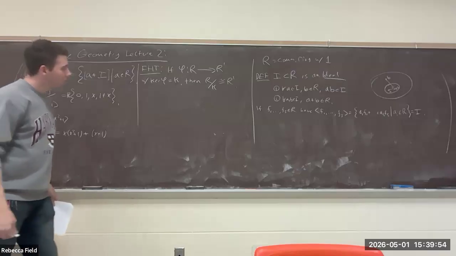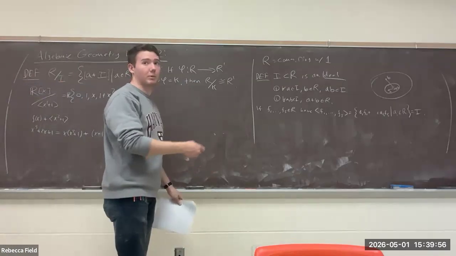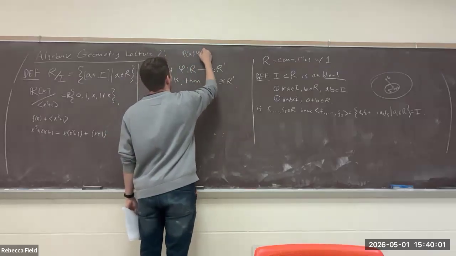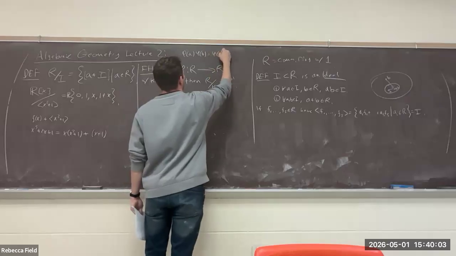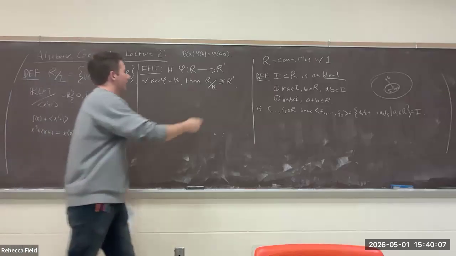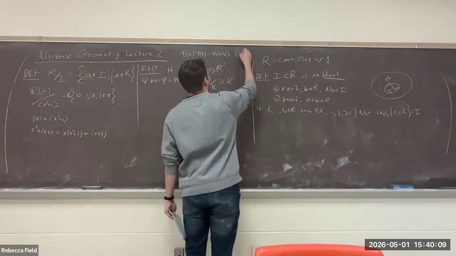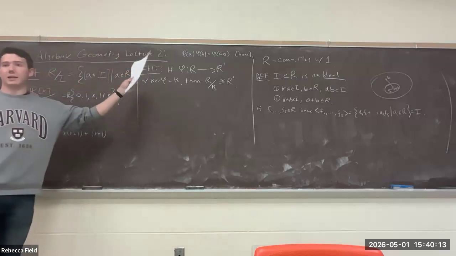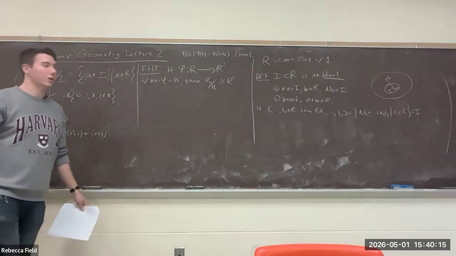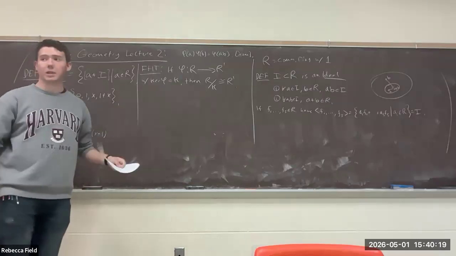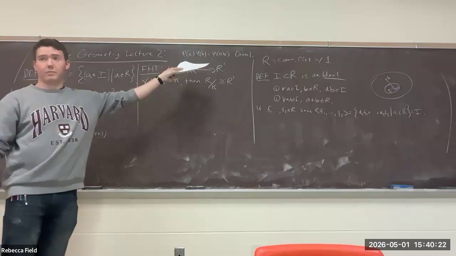So let's define them. A homomorphism is something with the property that phi of A times phi of B is equal to phi of AB. So this is called the homomorphism property. Other than this, it behaves exactly like a function. So all of the things that you learned in like 245 or 300 still apply, but we're just adding on this property.